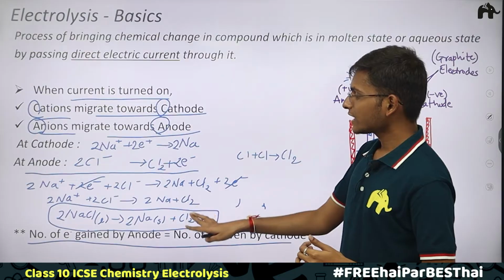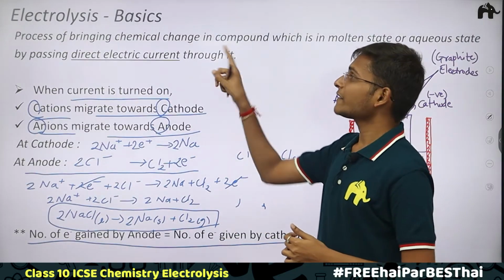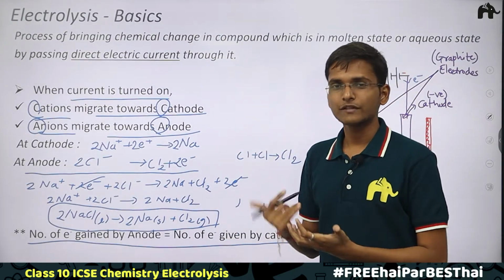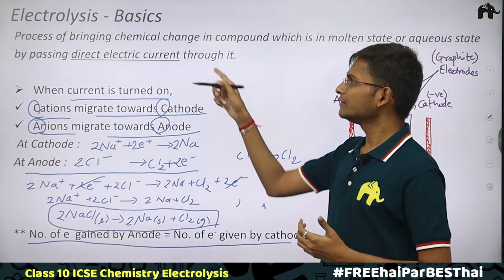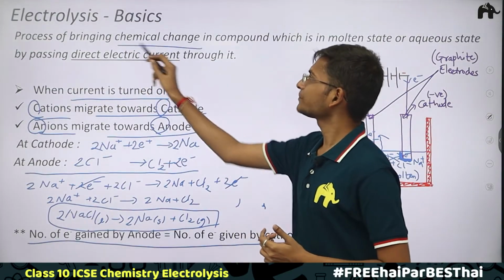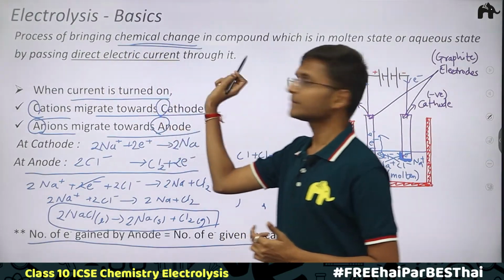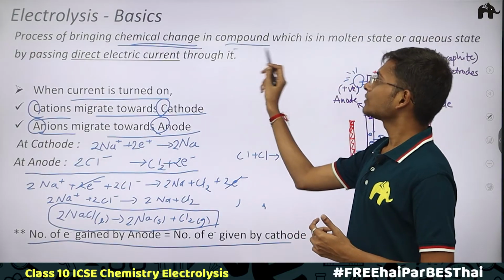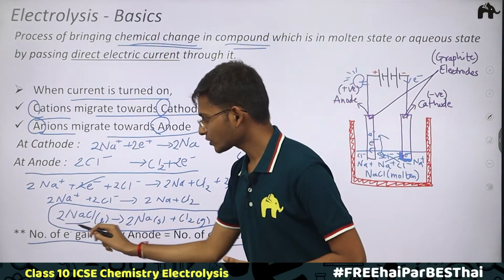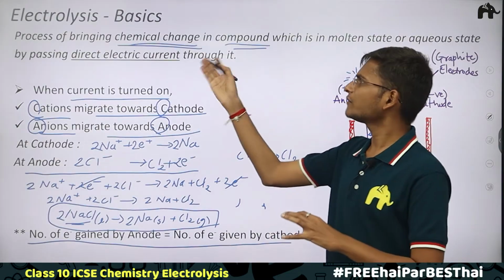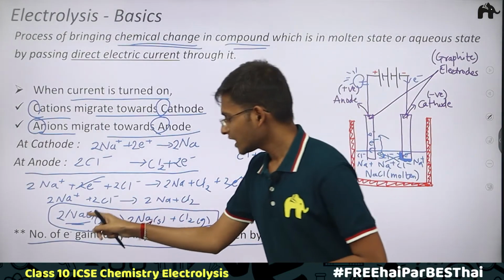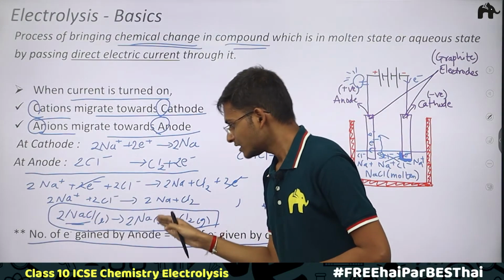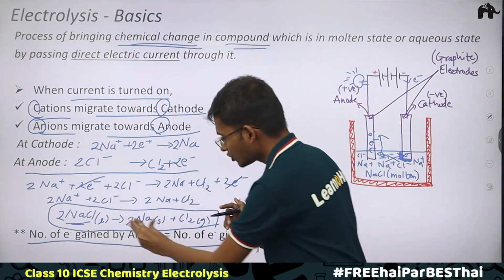Now let's come back to this reaction. See what is happening. We have actually carried out electrolysis. How? We brought a chemical change in a compound. Which compound? NaCl. How am I saying I have brought the chemical change? Because NaCl here is part of this reaction.